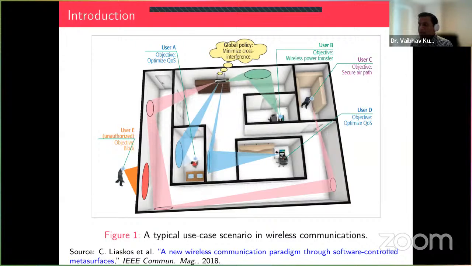If we have a very good directional antenna, we can focus our beam towards a particular user, or if we have many degrees of freedom, we can have a multi-beam sort of approach. But once the waves are transmitted from the transmitter, we have no control over the environment.